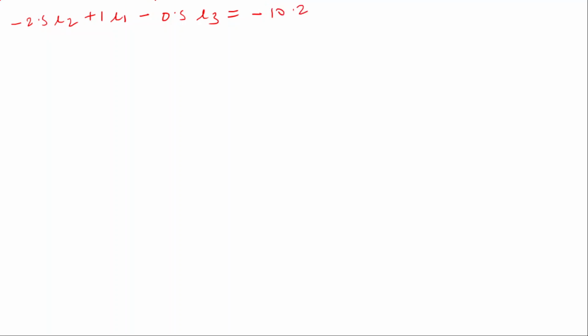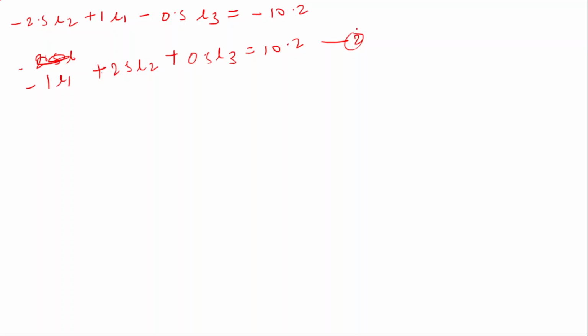We can multiply by a minus sign. So, let's arrange the terms: minus 1 times I1 plus 2.5 times I2 plus 0.5 times I3 equals 10.2. This is our equation 2.